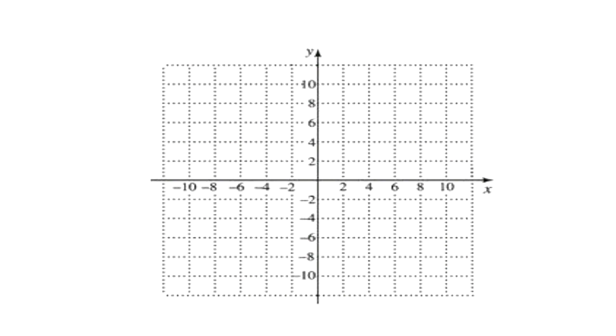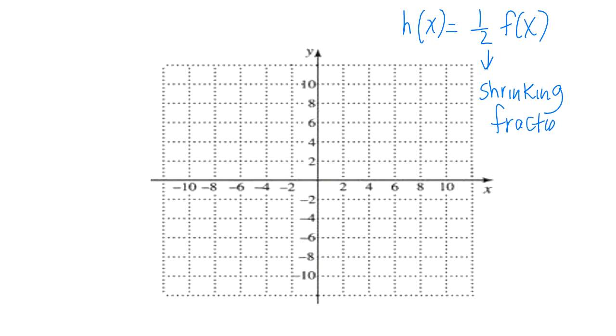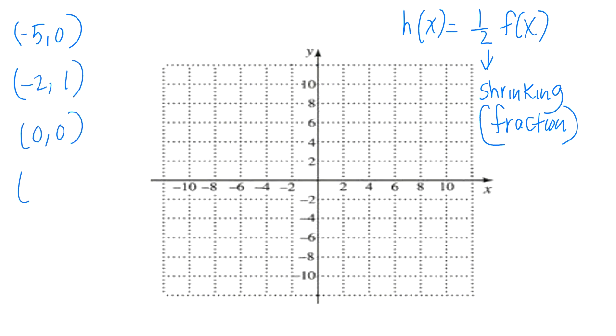So the graph is h of x is equal to 1/2 times f of x. Shrinking, since this is a fraction. And my new points are -5, 0, -2, 1, 0, 0, 2, -2, 4, 0.